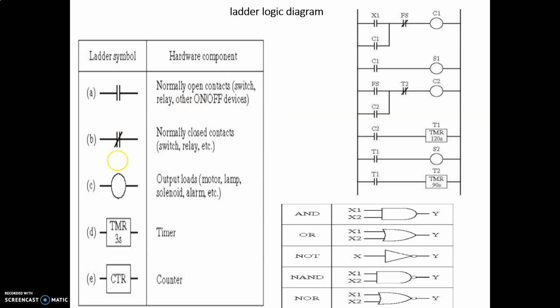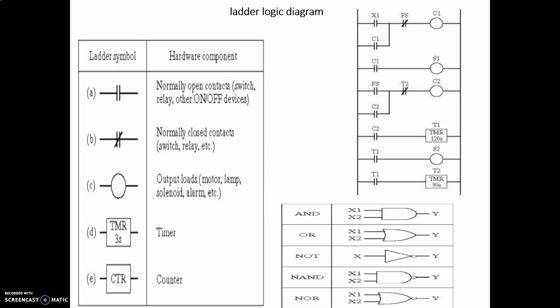In the same way, if we try to connect these two points here, we get the second symbol, that is the normally closed contact. Both of these cases are actually inputs, right? If we look at the third case, if we have an output load, then the output load is shown by a circle. The output load can be whatever output device, it can be a motor, a lamp, a solenoid, an alarm, anything, whichever is the output.